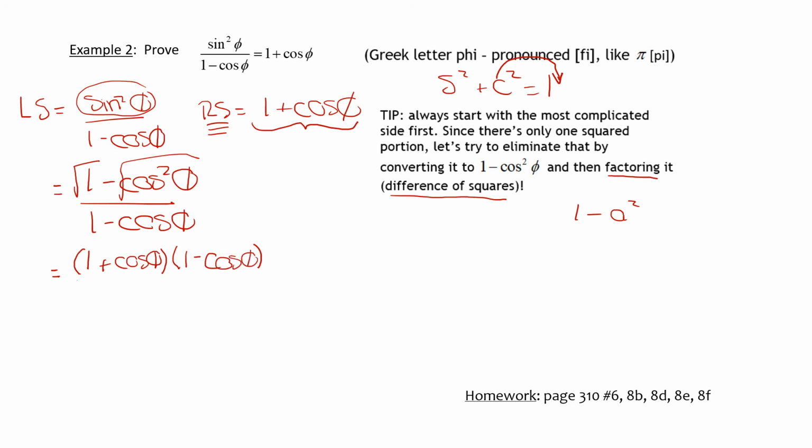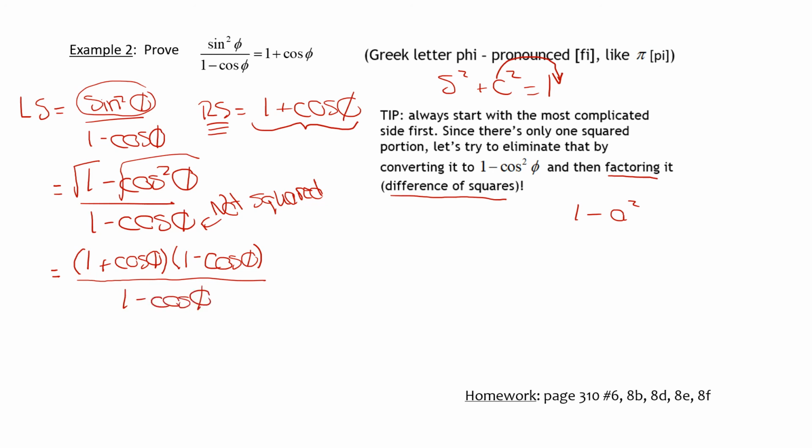And I'm dividing it all by, I can't do anything about that denominator, right? Don't think that I'm going to use the Pythagorean identity there. This is not squared. If it's not squared, you can't use the Pythagorean identity. So I can't do anything with this denominator here. I'm going to leave that alone, 1 minus cos phi.